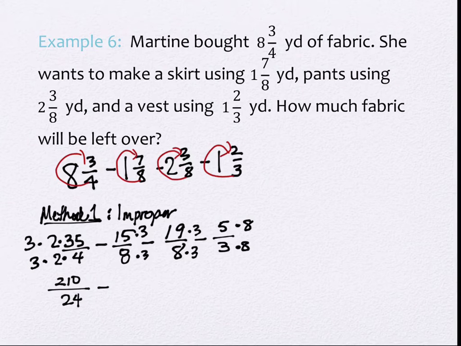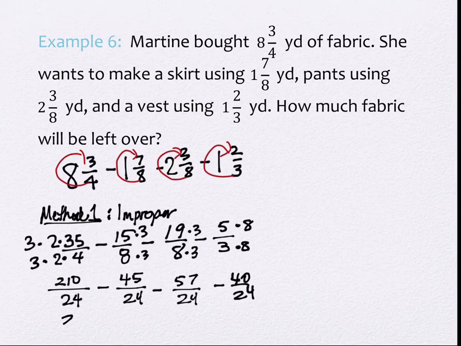The second numerator is 15 times 3, which is 45 over 24. Then I have 19 times 3, which is 57 over 24. And I have 5 times 8, which is 40 over 24. Once the denominators are all the same, I can subtract the numerators.